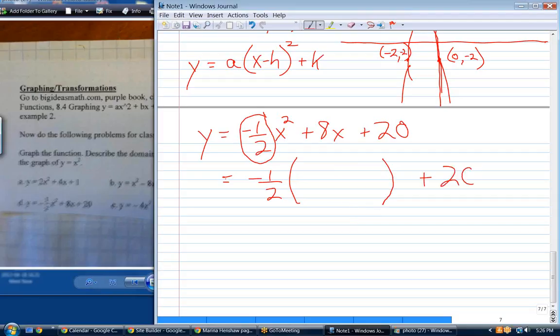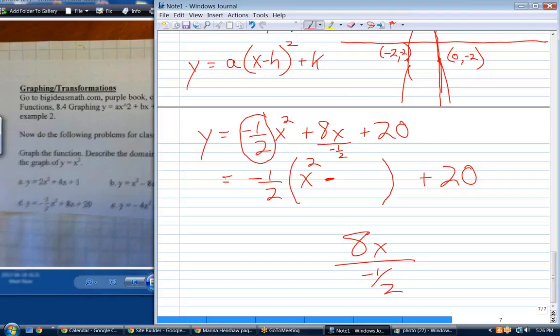X squared plus 8x. Okay, I'm going to divide 8x by negative 1/2, right? Oh, by 4x, negative 4x. No, what is 8x divided by negative 1/2? How do we divide by fractions?